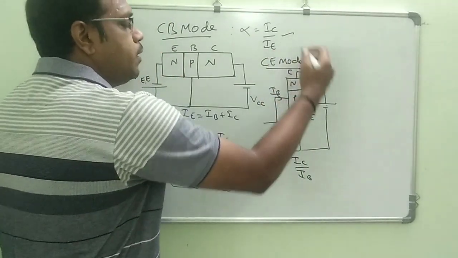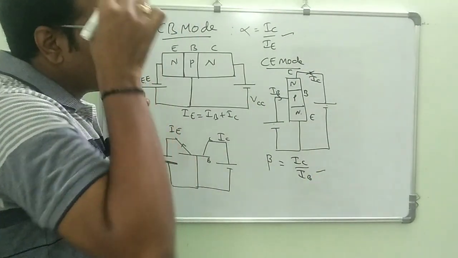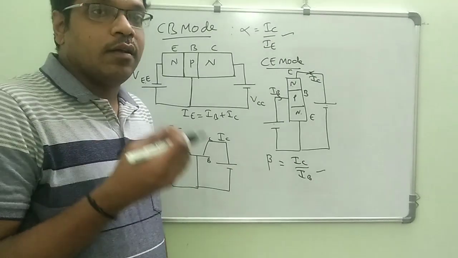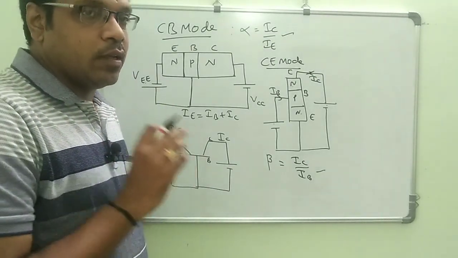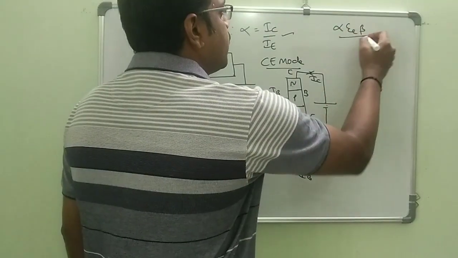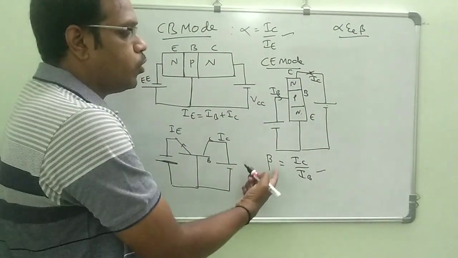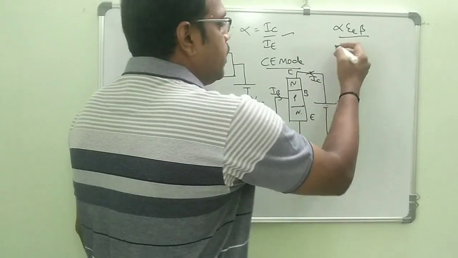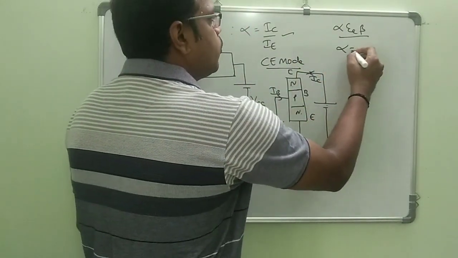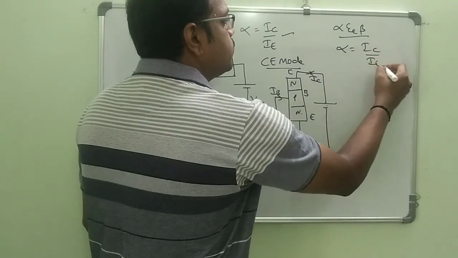So this current gain and that current gain have a very important relation, which is very important for NCERT as well as NEET. So now we need to relate alpha and beta, the current gains in CB mode and CE mode. A very easy relation. First we take this formula: alpha is equal to IC by IE.